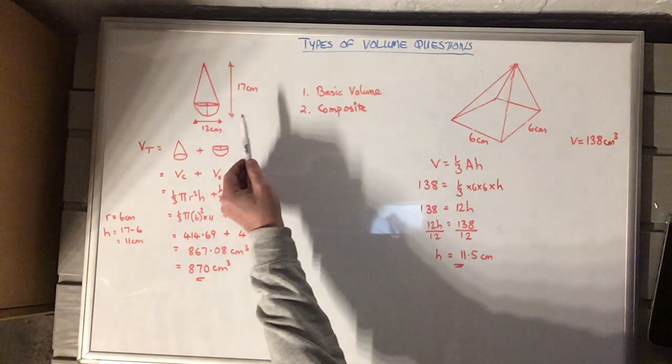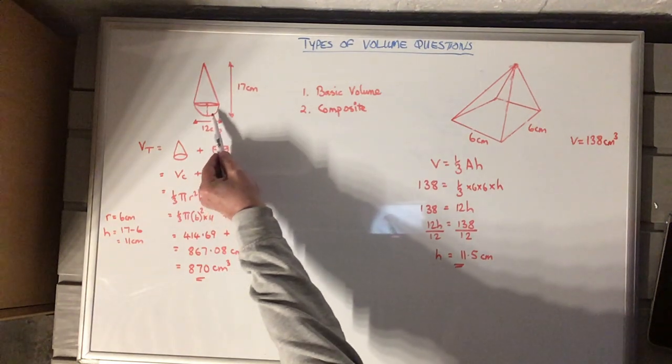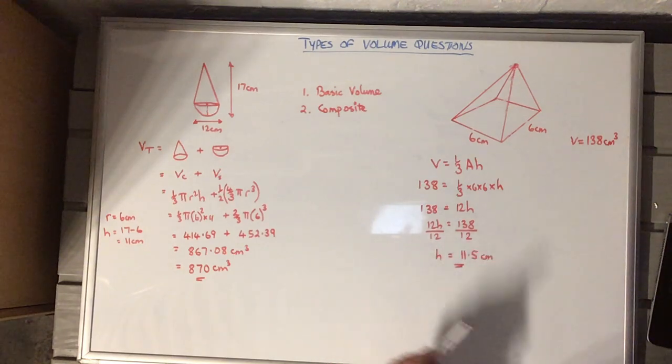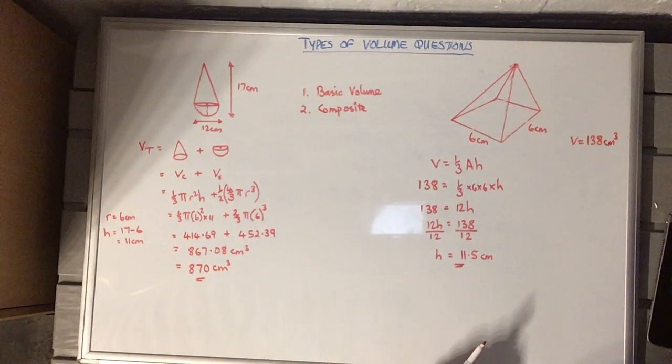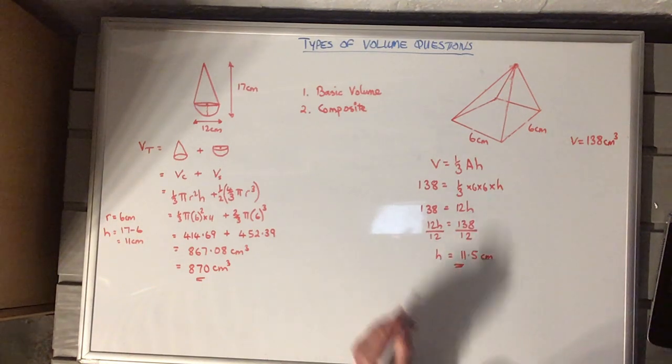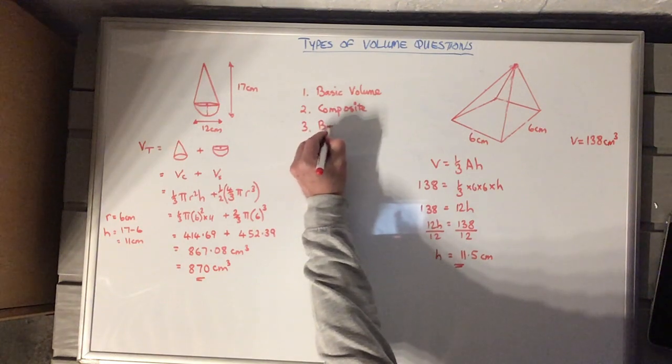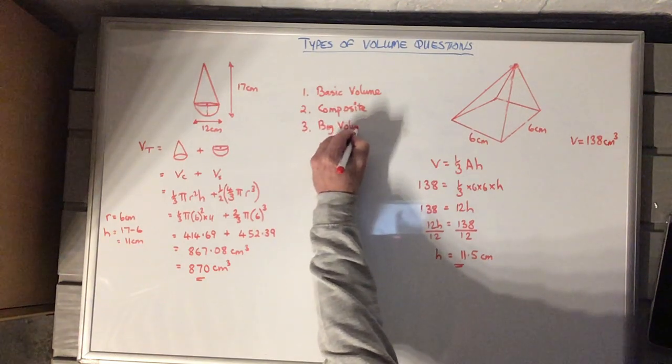Again, quite often they give you half a sphere, so you've got to remember to half. Once you work out the sphere, you have to remember to half it. That's quite common as well. So composite shapes, it's basic shapes added together normally. 3, big volume minus small volume.